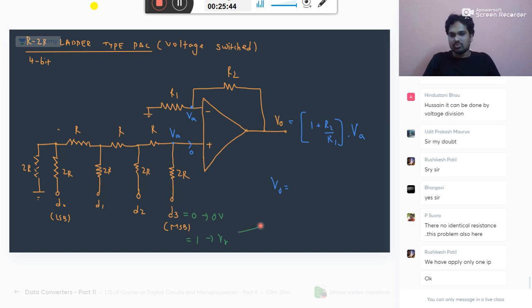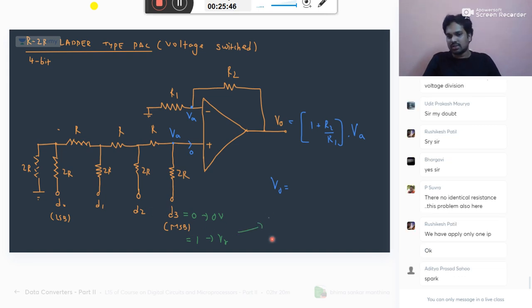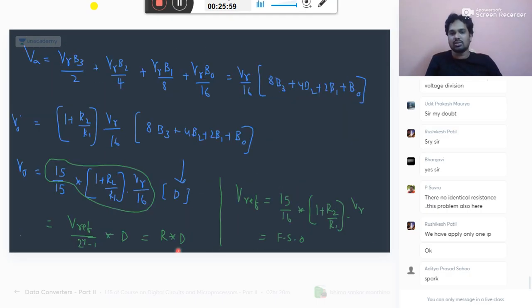Maybe you are having some switch which is moving between two different voltages, which requires some time to charge and discharge. Or your input requires some time for charging and discharging every time you change between two different voltages. We can overcome this disadvantage by using a current switched DAC, where you don't switch between two different voltages. I will show you that.